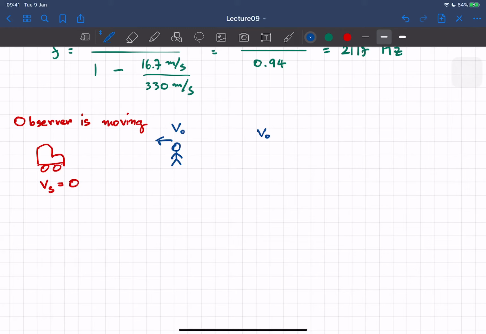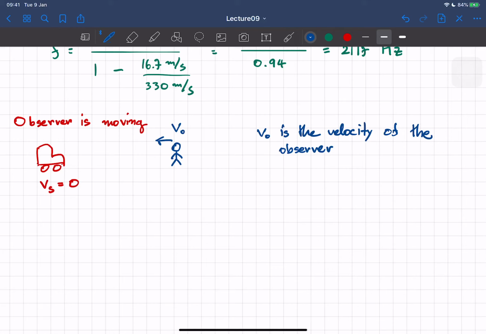V0 is the velocity of the observer. Okay, and we're going to assume that the observer moves or runs into the source, so it's moving to the left like this. Okay, so how does that change the frequency?